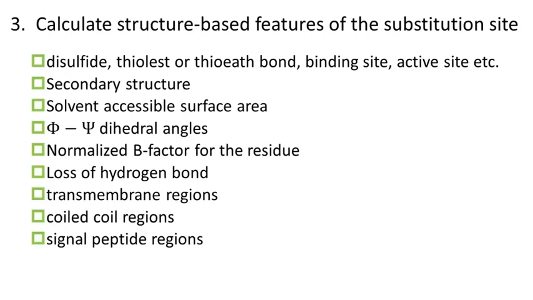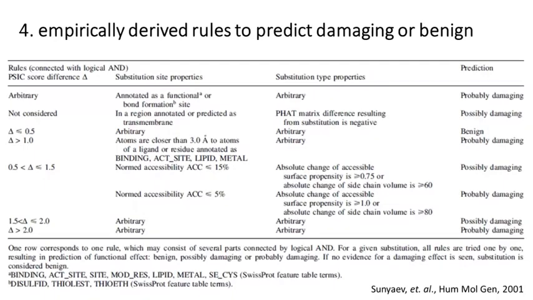It then calculates the structural-based features of the substitution site, including whether the site overlaps with disulfide bonds, active sites, or important secondary structures, whether it is on the surface or inside of a protein, etc. Finally, it applies empirical rules that they derived from scrutinizing the sequence and structural features of variations with known damaging or benign effects.